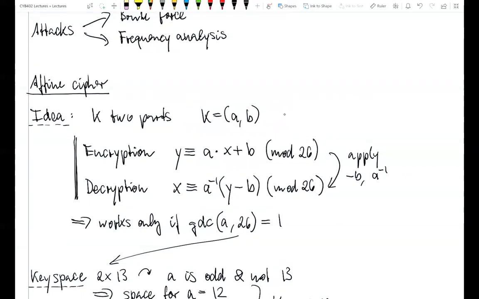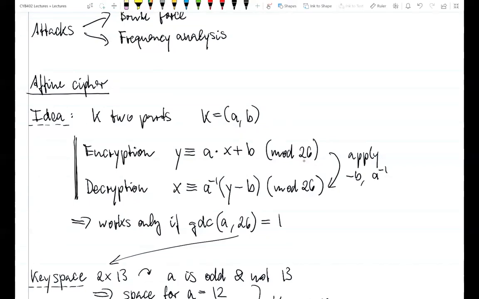So really y is congruent to a times x plus b mod 26. And again, it has to be 26 because we are dealing with 26 letters. If we have a different alphabet with a different number of letters, then we would need to put that number here. So given a cipher letter y, how do we get back to the plain text letter?